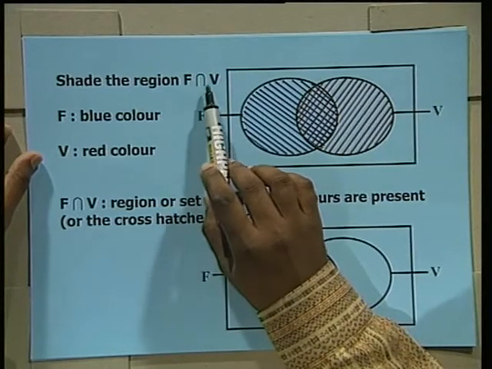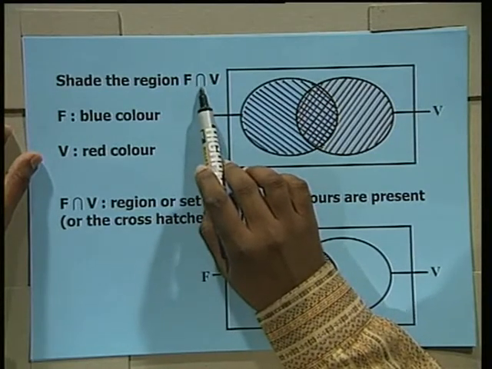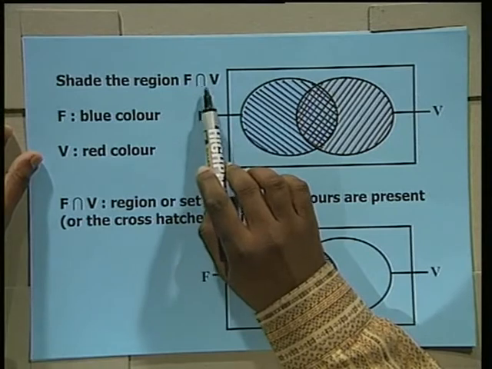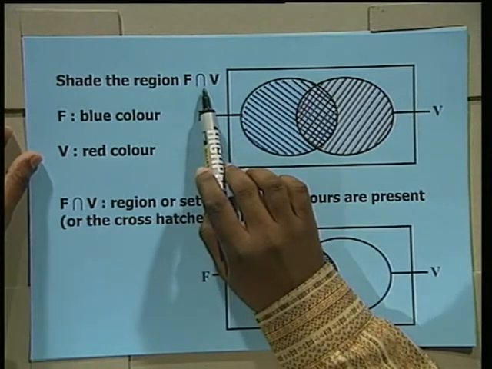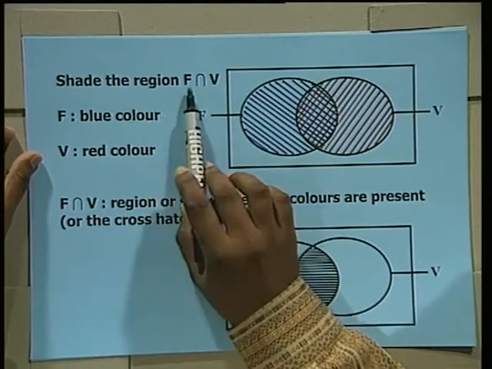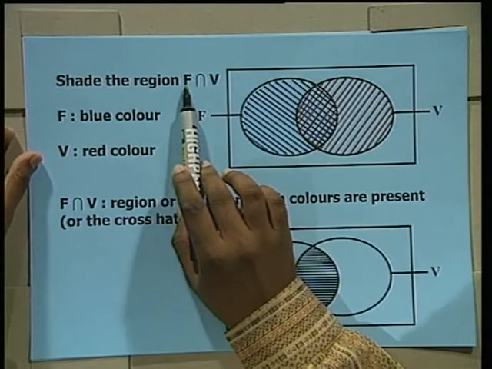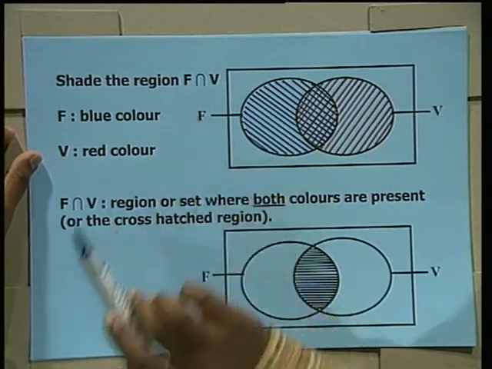Now, up to now we have been shading the region for you. You must also know how to shade a region on a Venn diagram, and this also helps you to identify a particular region on a Venn diagram. Let's see how to shade the region representing F intersection V. Whenever you have to shade such a region, we shade the two sets in two different colors.